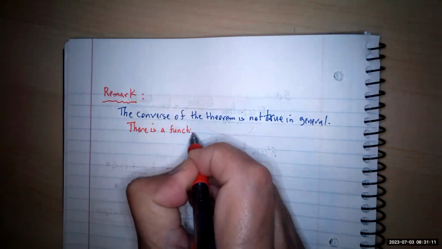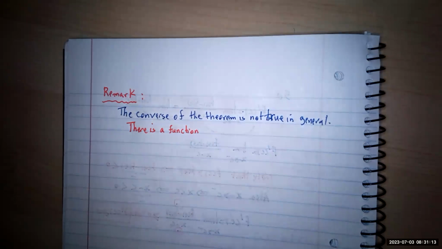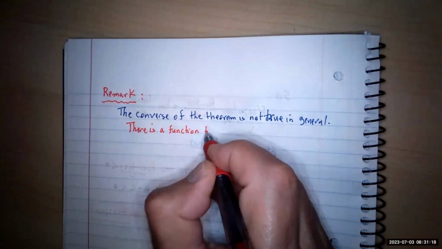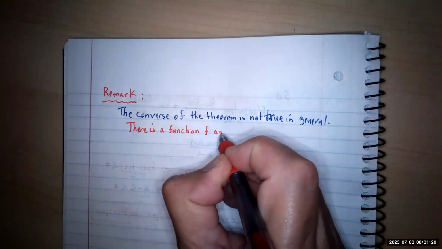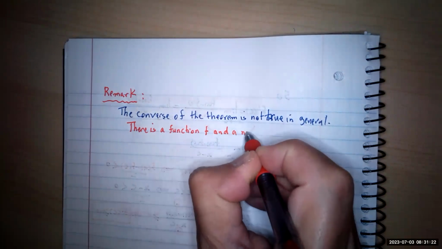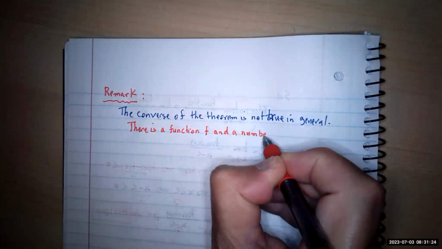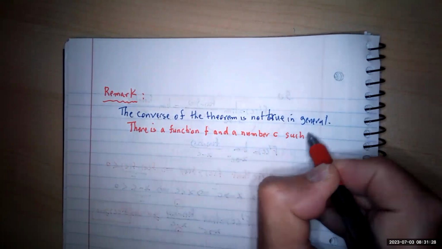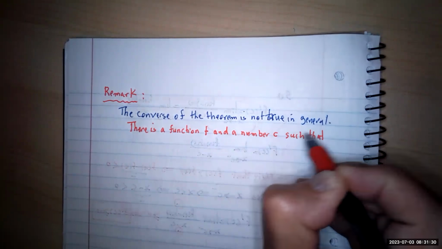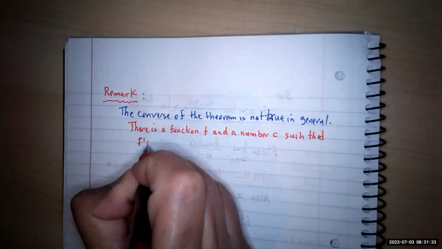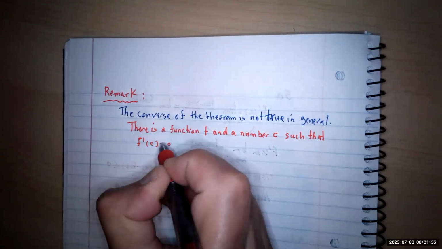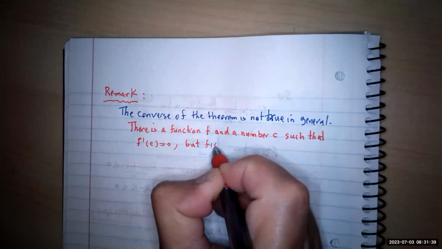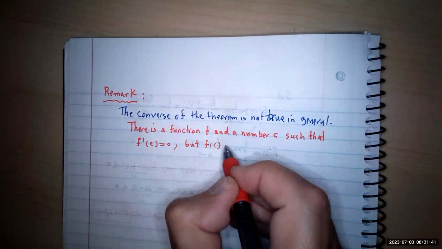Always in this course and in calculus 3, we bring this example, a similar one. There is a function f and a number c such that f prime of c is equal to the 0, but f of c is not a maximum and the minimum.